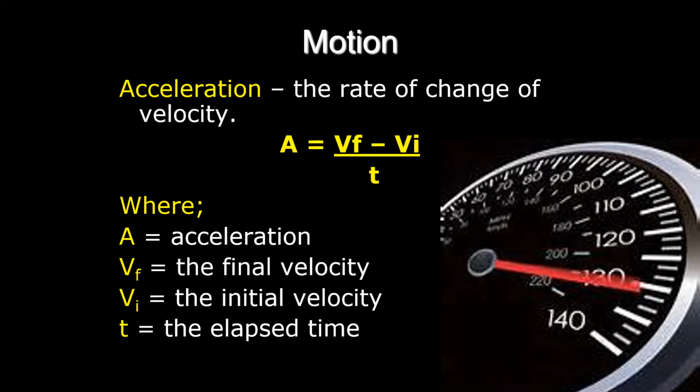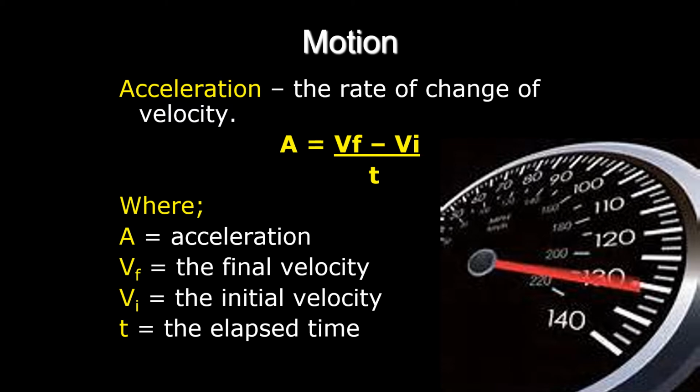Acceleration is the rate of change of velocity, or how velocity changes over time. If a car travels from 0 to 60 miles per hour in 8 seconds, it is said to have a positive acceleration because its velocity continued to change over that 8 seconds. Its acceleration would be 60 miles per hour minus 0 miles per hour divided by 8 seconds, which equals 7.5 miles per hour per second.